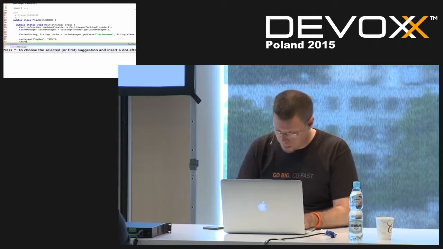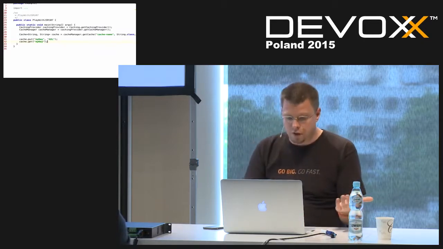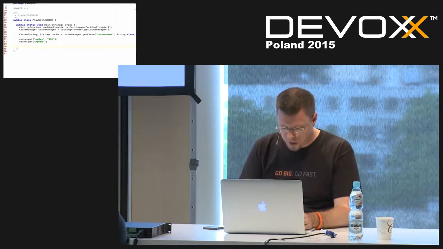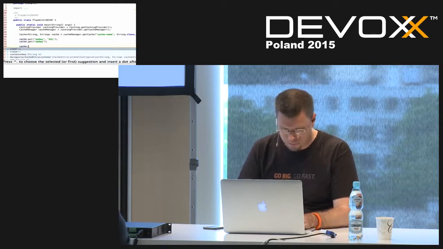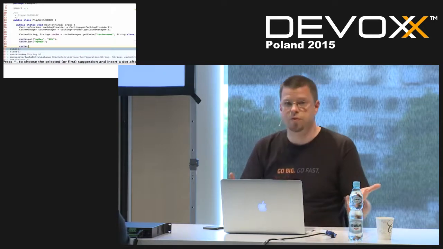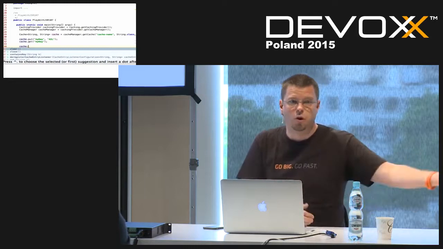Then the opposite operation is, of course, I'm just going to get it. OK. And so these are the basic operations. Of course, you also have more: you can remove entries from the cache. You can actually close the cache, which means you're no longer using it.